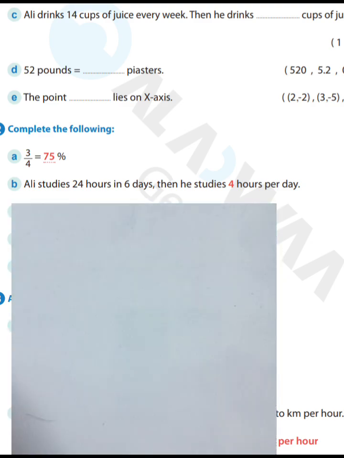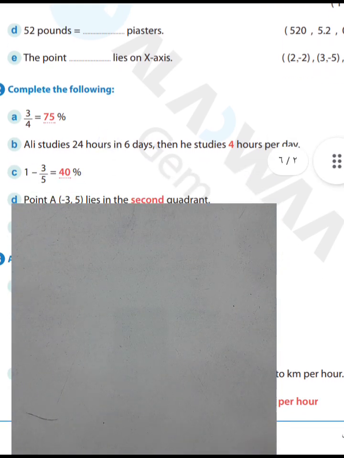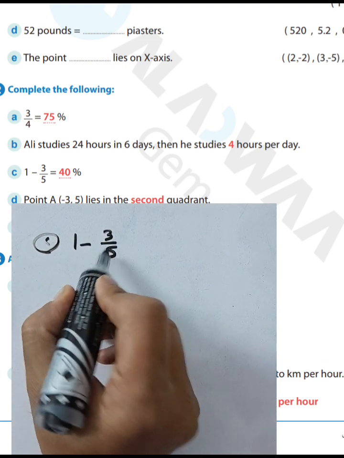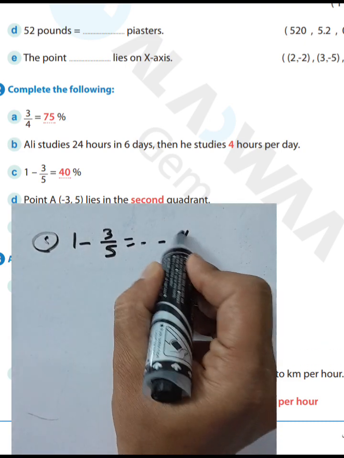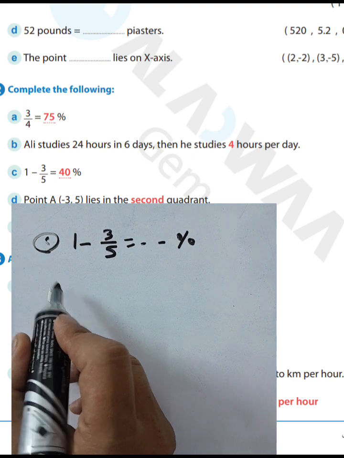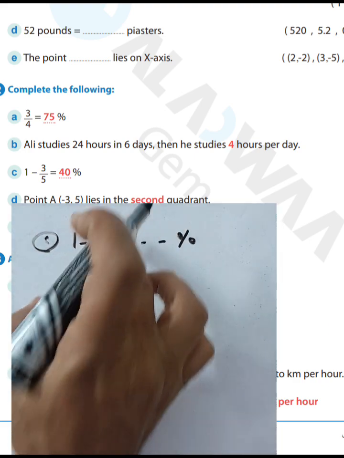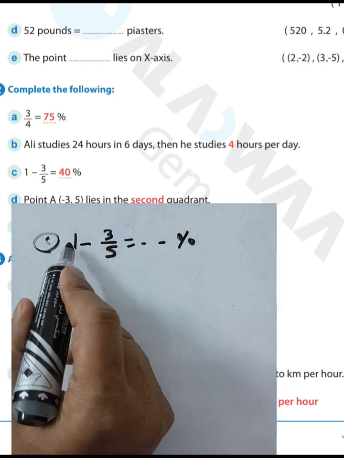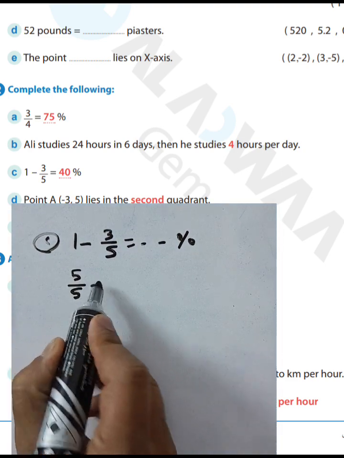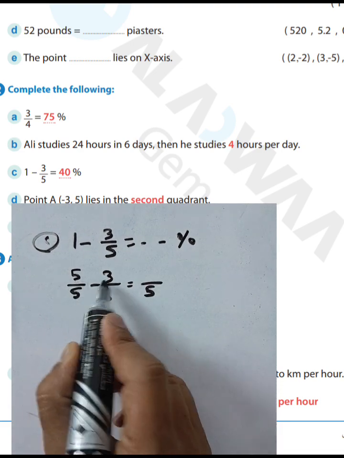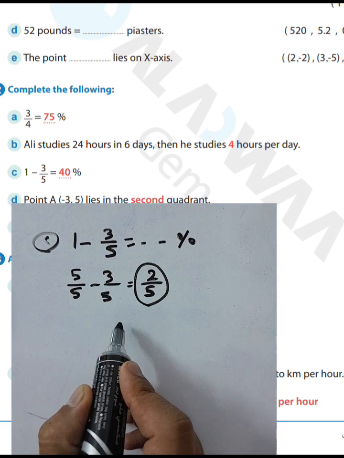Okay, next example, 1 subtract 3/5 equals space percent. First step, we can find the difference between 1 and 3/5. Write 1 here equal to 5/5, subtract 3/5, it will be what? 5 minus 3 equals 2, the result will be 2/5.